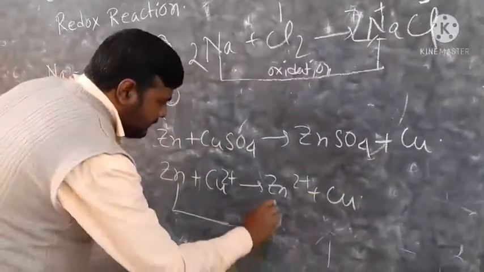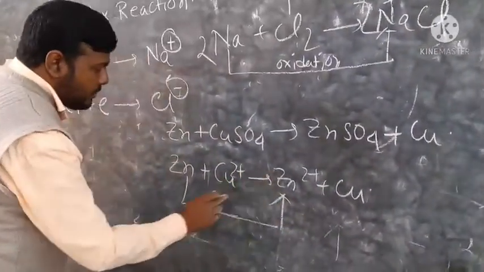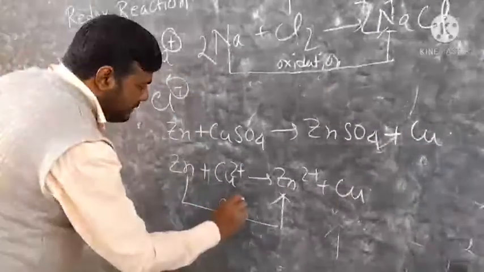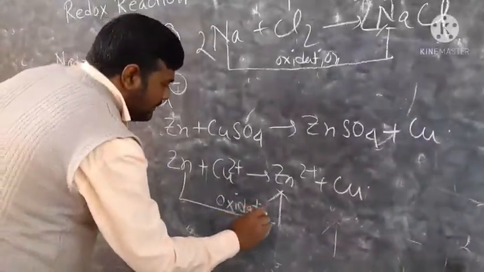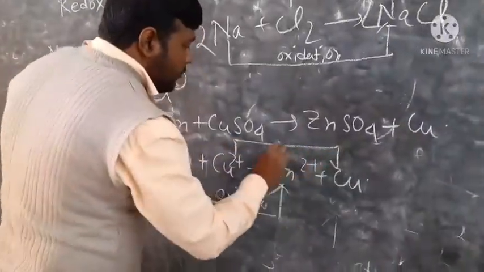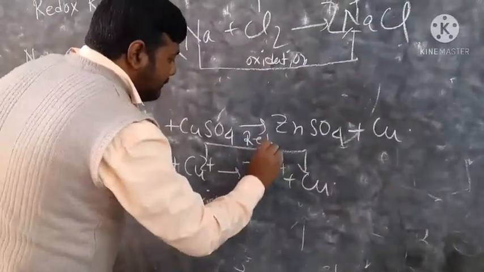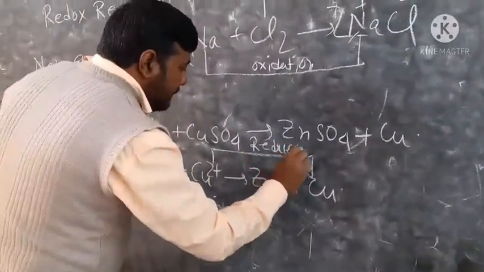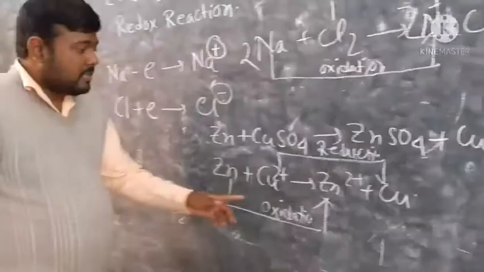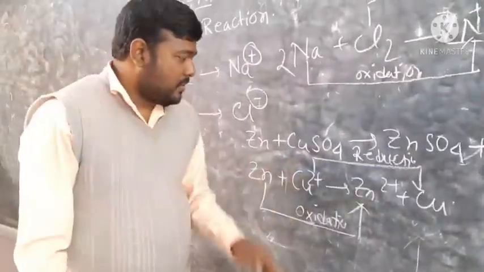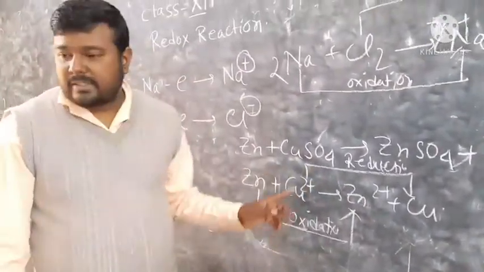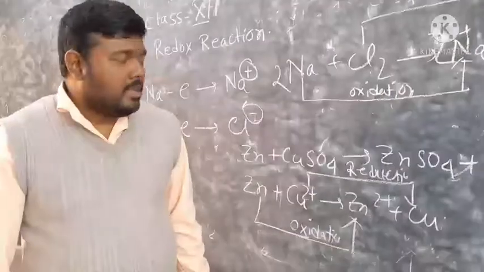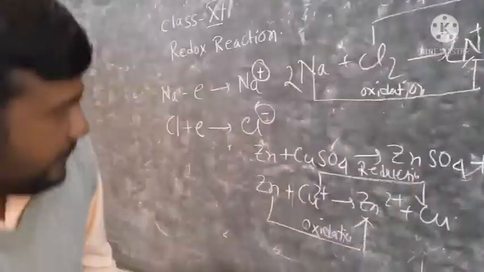Now see here, the zinc loses 2 electrons, means this is the oxidation, and Cu2+ gains 2 electrons, means this is the reduction. So what happened there? Both oxidation and reduction occur according to the electronic concept, and both occur simultaneously in a compound. So this is known as the redox reaction.